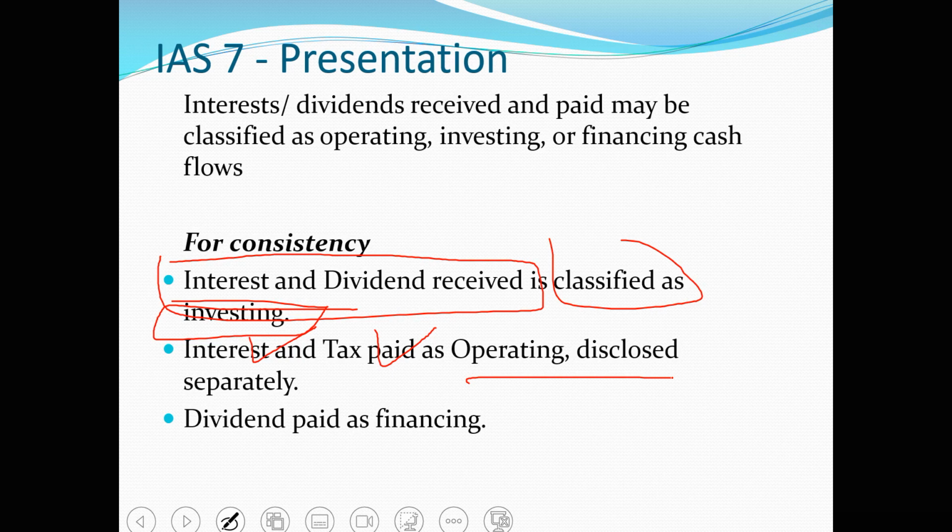They must stand on their own. And then dividend paid. If the entity pays dividend, it should be recorded under financing. So as a class, that's what we do. It means if you were reading any manual and it is presented differently, it is not a problem. You just have to know that for the sake of all of us in the class being on the same page, this is what we agree to do. So take note of that.